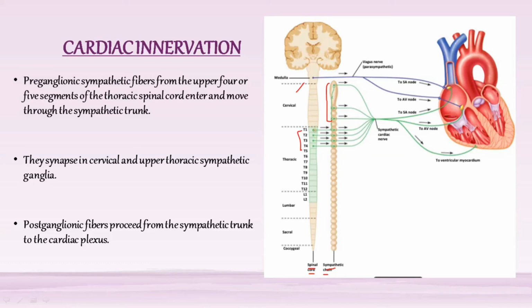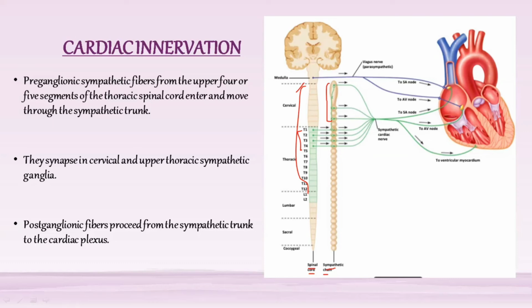First, the preganglionic fibers. Look at this part. The preganglionic fibers arise only from the upper 4 or 5 thoracic segments of the spinal cord. These preganglionic fibers do not arise from the cervical segment, they arise only from the thoracic segment. They enter into the sympathetic trunk and there they synapse.